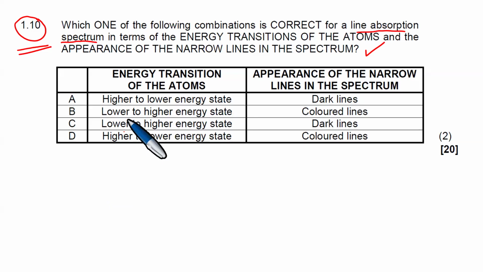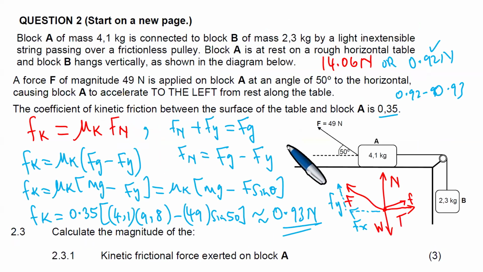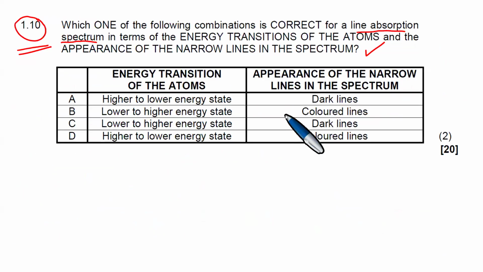Lower to higher energy state, lower to, okay, let me check what Neo is saying. Okay, Neo thinks that it is A, right? Okay, I'm seeing other things now. I'm seeing other things that just moved.